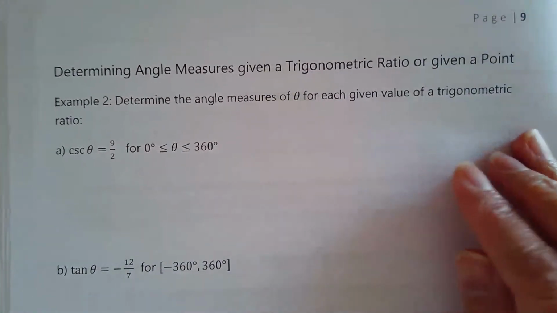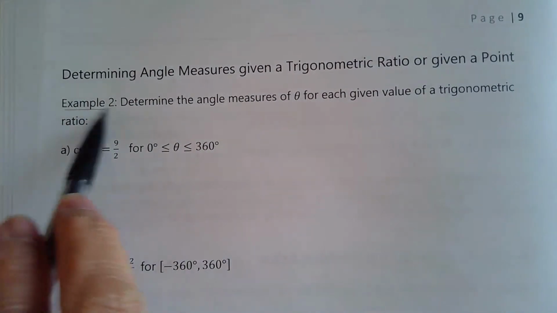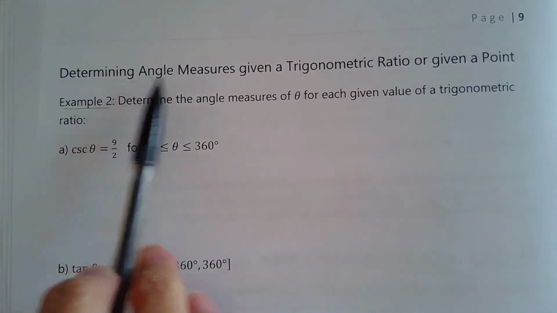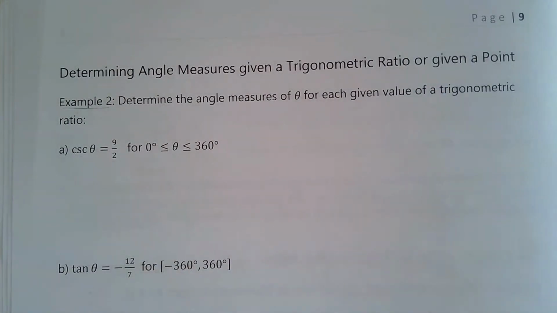Okay, so now this is example 2. It says determining the angle measures given the trig ratio or given a point.